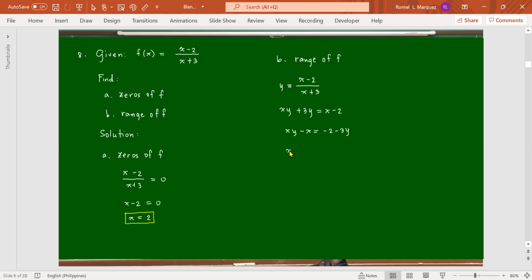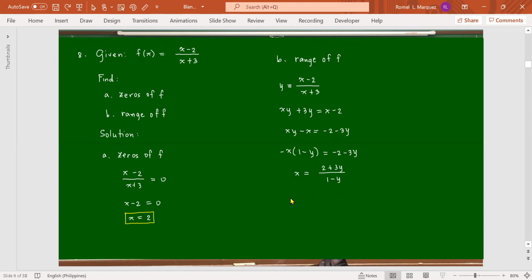Factoring out negative x, we have 1 minus y, and that is equal to -2 minus 3y, or x is equal to 2 plus 3y all over 1 minus y. So here, the denominator will become 0 and y is what? 1.